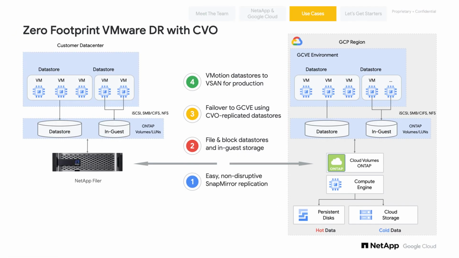All of this is being block-level deduplicated, so over the wire, it's a super efficient protocol. All of those changes are replicated at the block level in real time into your GCVE CVO instance. Then when you need to do a failover for some reason, maybe it's just a test that you want to do once a quarter to show compliance, or maybe it's because there's a hurricane coming or some other unexpected incident, you fail over.